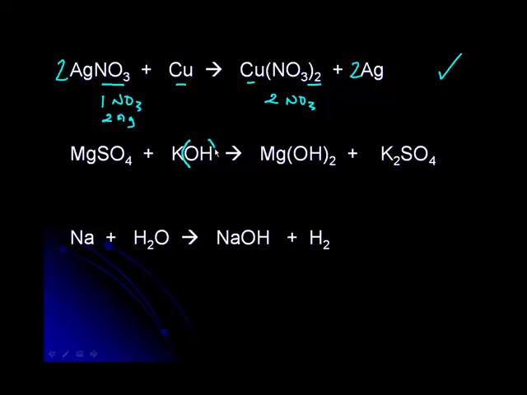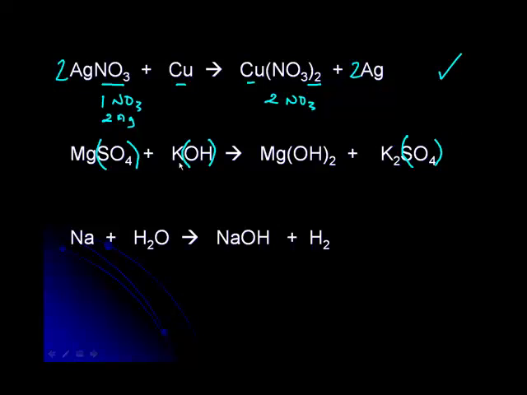Again, it helps to draw in the parentheses so you can see them. And then I also have sulfate. Sulfate's also a polyatomic ion. SO4, SO4, like that. And I want to look for things that are different. Okay, I've got one magnesium on the left, one on the right, one sulfate group on the left, one sulfate group on the right.